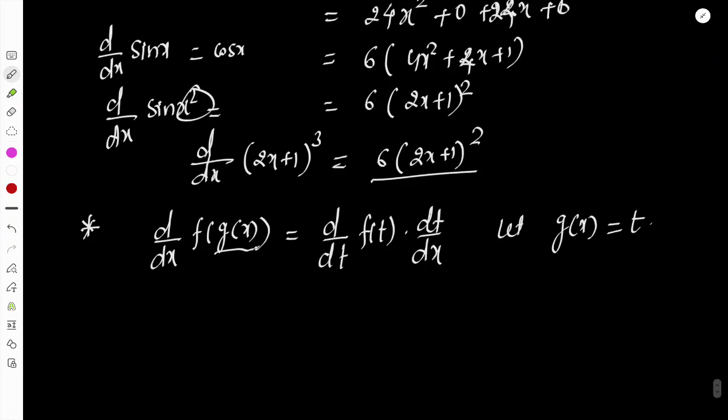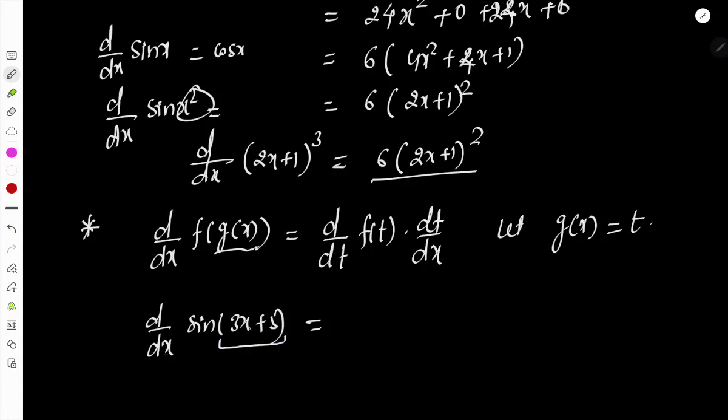Moreover, I will say one thing to you, a very direct way. I am taking an example, then you will get it. d by dx, let's say I need to write sine of (3x plus 5). You know the derivative of d by dt sine t, meaning if this becomes t and here t, then I can write the derivative.